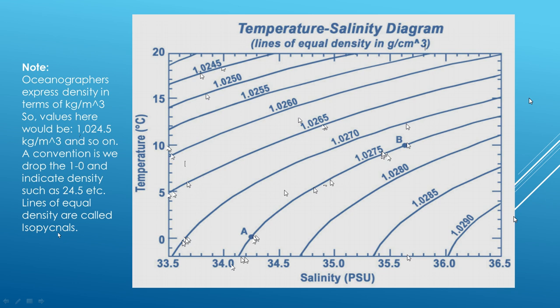So if you want to know what happens to the density as you change the salinity at a given temperature, you move across horizontally to see which isopycnal gets intercepted. And if I hold salinity constant and change the temperature, I look vertically to see what the new density will be for the new temperature. This is how you read these temperature salinity diagrams.